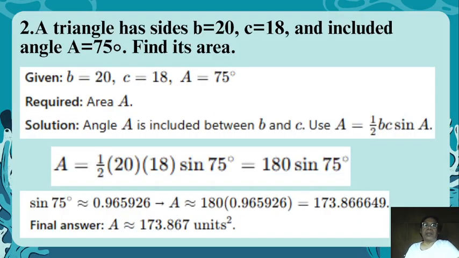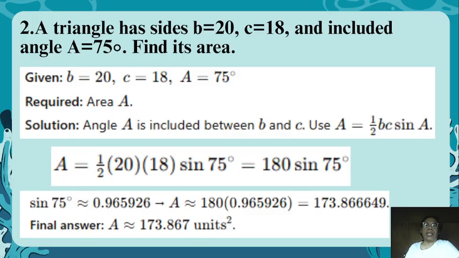Practice problem number 2. A triangle has sides b 20, c 18, and included angle A equal to 75 degrees. Find its area.